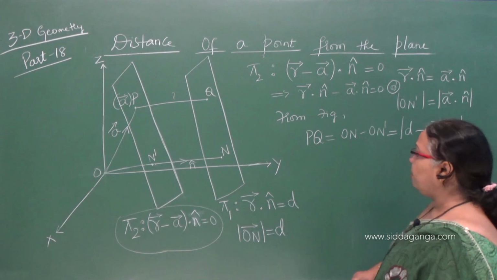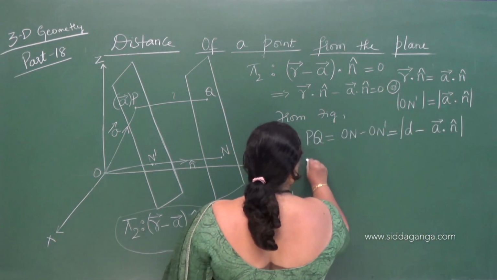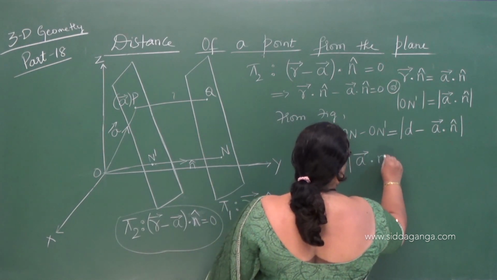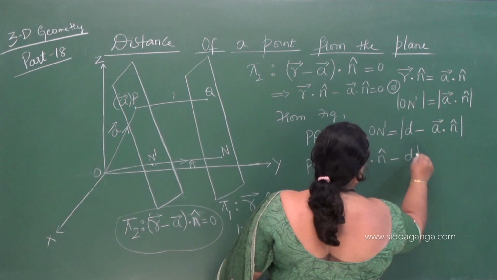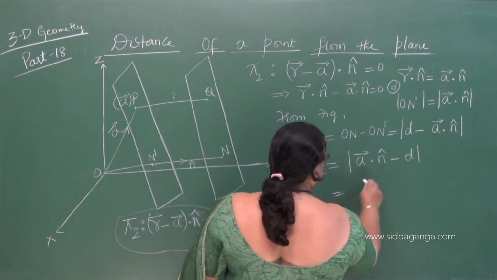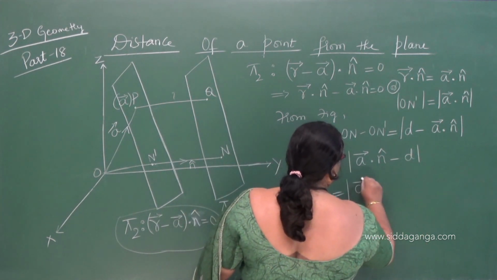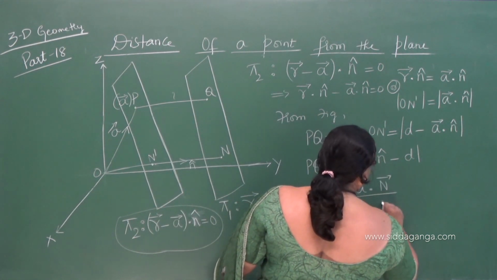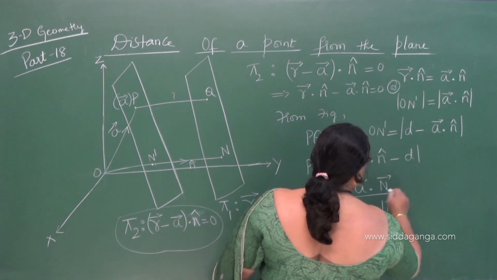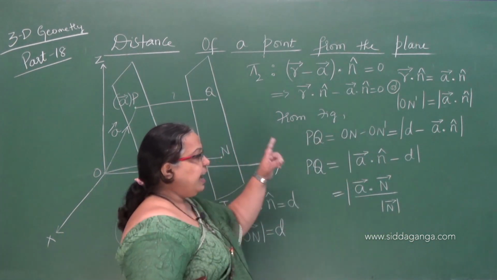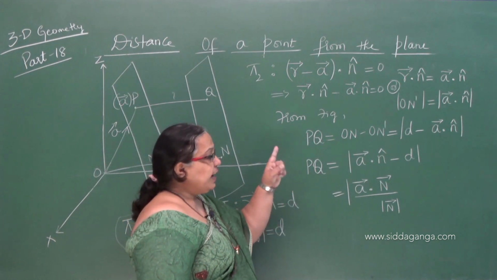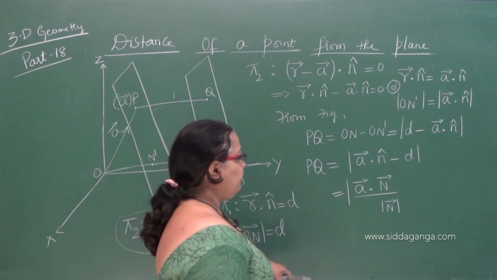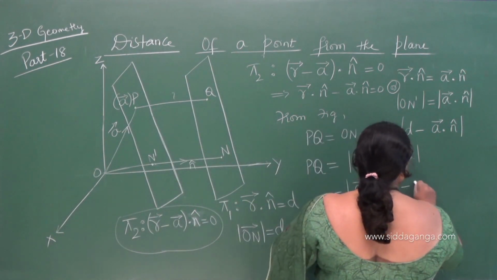We put a modulus on this. So PQ is equal to the magnitude of vector A dot n cap minus d, or instead of this n cap, I can take vector A dot vector n divided by the magnitude of vector n. We know the formula n cap equals vector n divided by magnitude of vector n. We write it in the same way. So minus d.